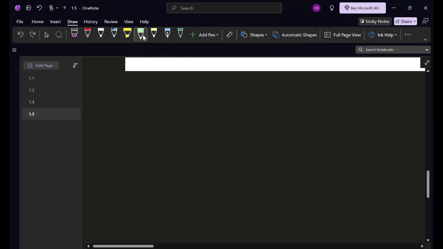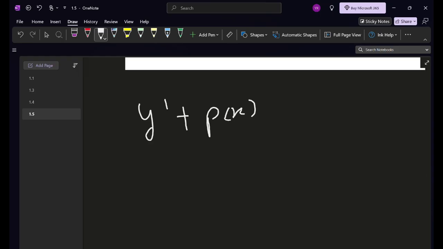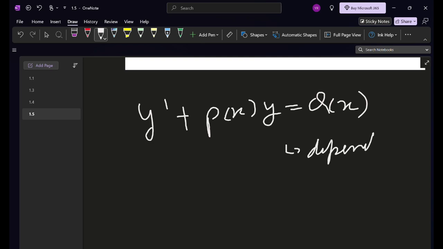It can be represented as y' + p(x)y = q(x). In this equation, the dependent variable is y.